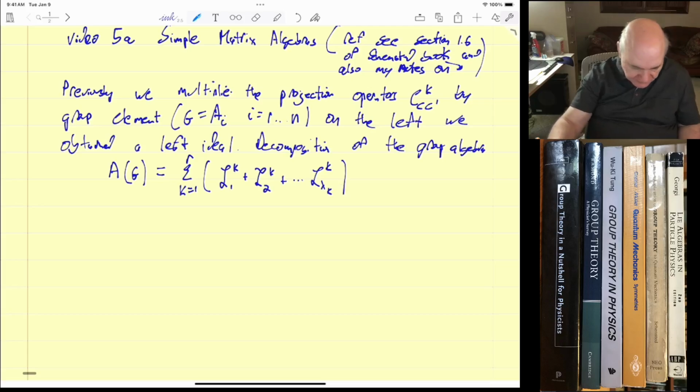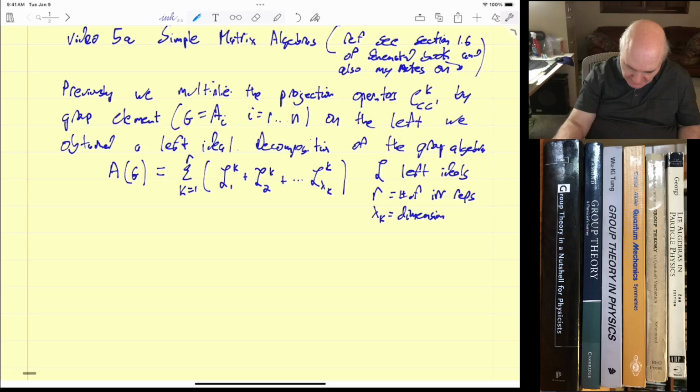So just to briefly review the notations, the L's are left ideals. r is equal to the number of irreducible reps, and lambda k is the dimension of the kth irreducible rep.